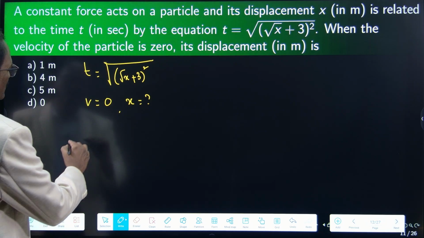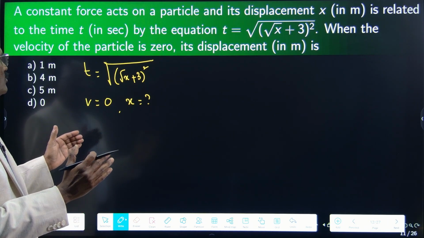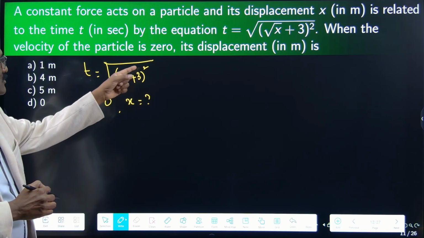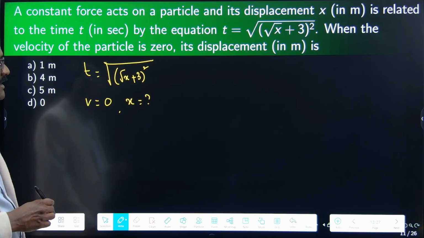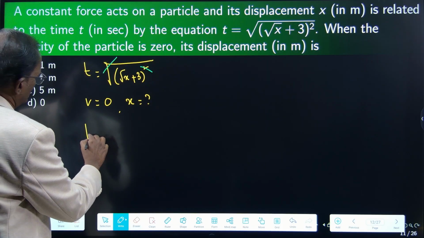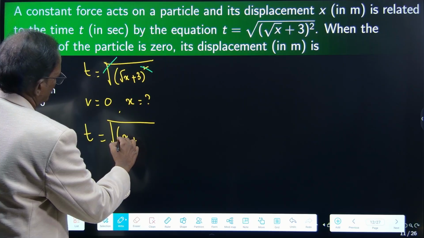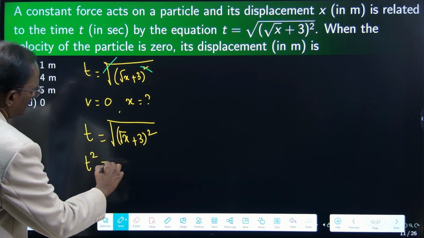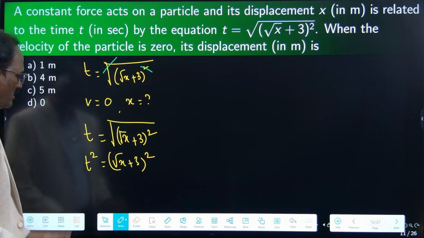So this is t = square root of (root x + 3) squared. The square root and the square can be cancelled. Or let me write it this way: square it, t² = (root x + 3)².